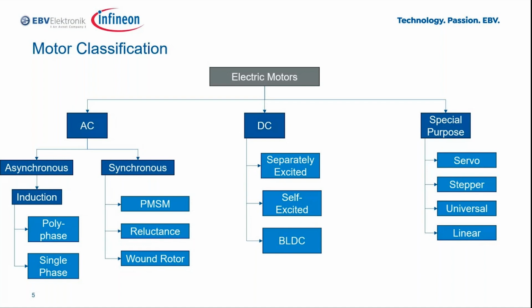And when we look at the motor classification, it is possible to make the categorization seen here in different ways. However, in this accepted structure, the main classification depends on the power source, AC, DC. Construction and the resulting electrical differences then create new categories. Here we have 3 different main categories, not just the AC and DC, with special purpose.